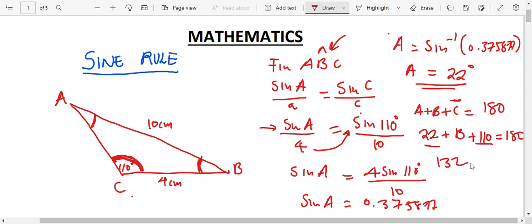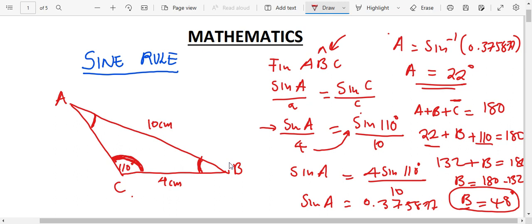Then 132 plus B is equal to 180. So to find B, we take 132 to the other side, that is 180 minus 132. So that means that angle B is equal to 48 degrees. This is the angle that we have been asked to find. So that is how you're able to find that angle.